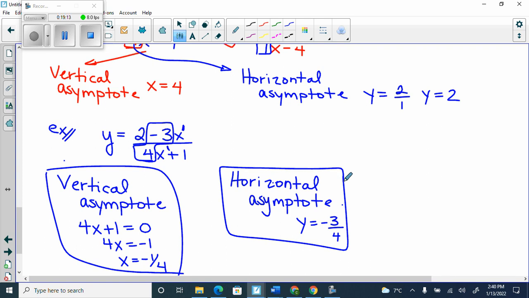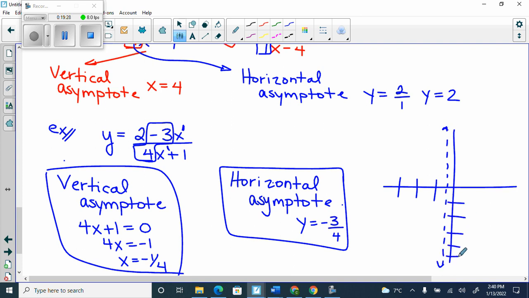Right? And if I went to sketch them, the x equals -1/4 would be like here, and y equals -3/4 would be like here.